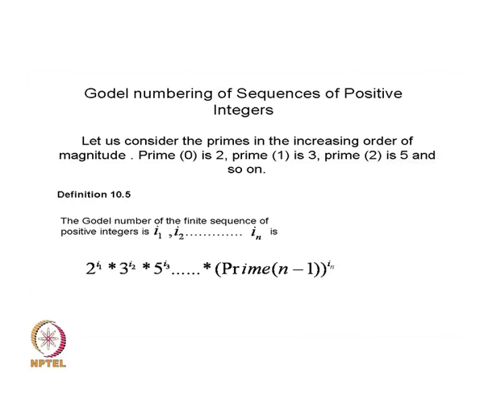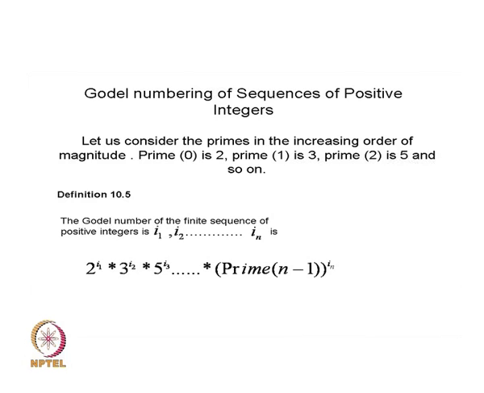Gödel's incompleteness theorem says that there is no complete and consistent system for integer arithmetic, or any axiomatic system for integer arithmetic has statements which are true but which cannot be proved from the axioms. For that he used an idea which is called Gödel numbering. We are also using that idea in the construction of counter machines.